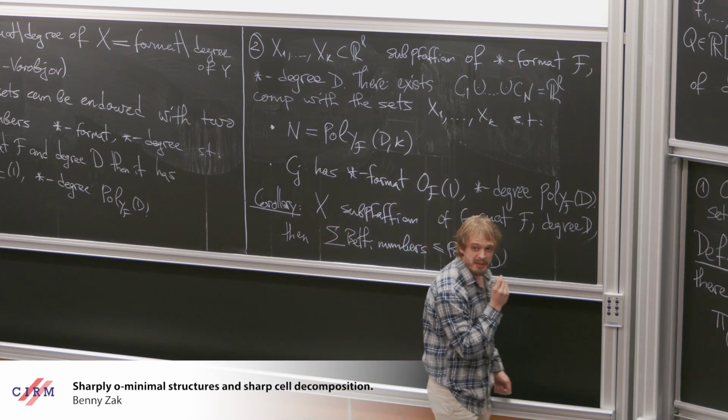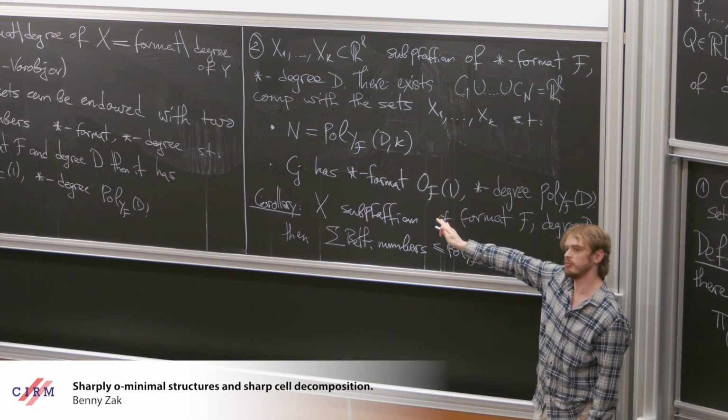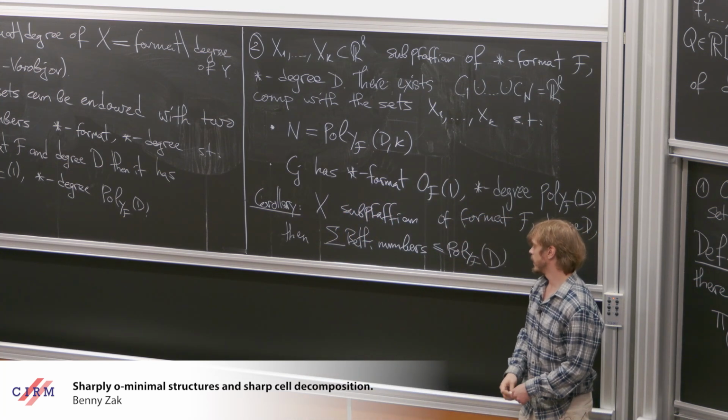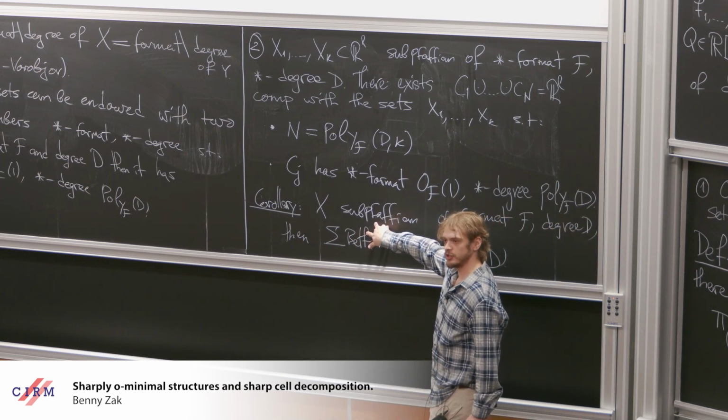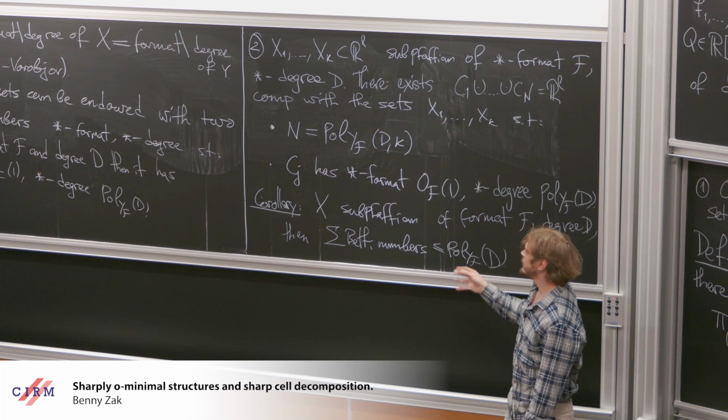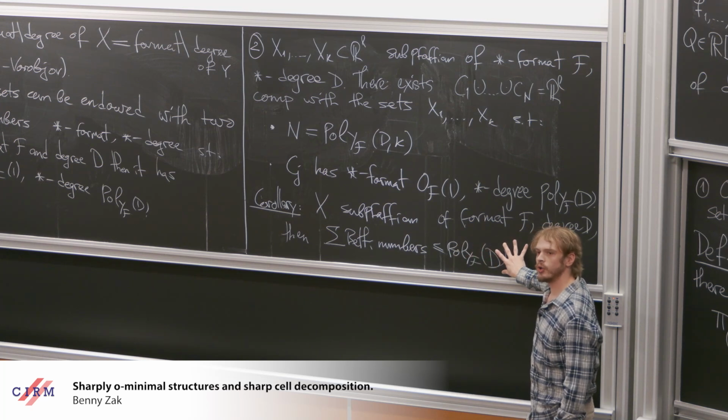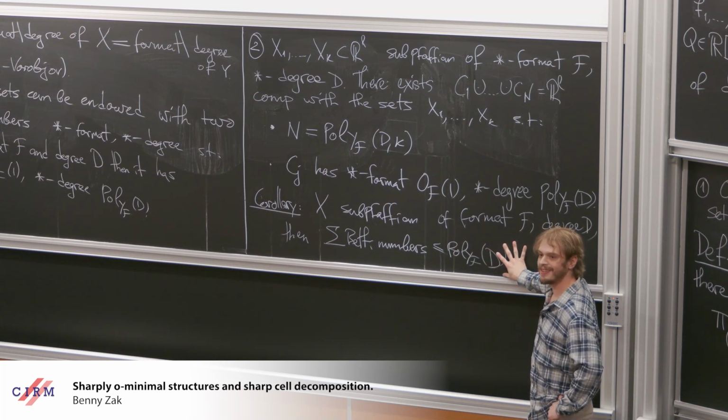So, for semi-Pfaffian sets, this was known before Benyamini Vorobyov due to Zell, and the new part is that this is true for sub-Pfaffian sets in generality, but notice how in this corollary there is no star format and star degree, and this is the key point.